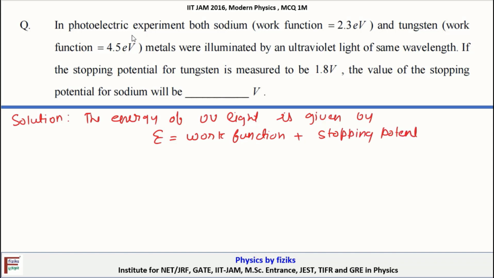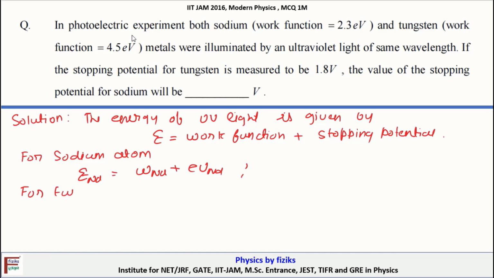For sodium atom, E_Na equals W_Na plus eV_Na, and for tungsten, E_T equals W_T plus eV_T.